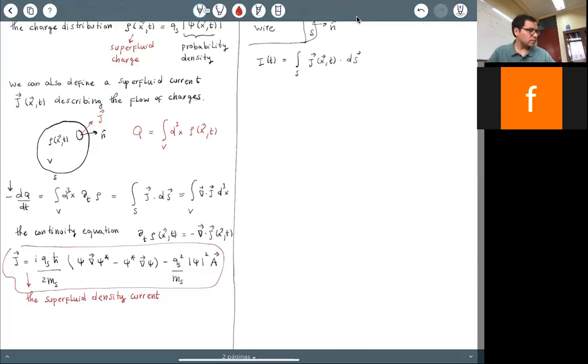Okay. And then we continue with the discussion of the superconducting phase, and we will relate any change in the phase with the scalar potential.